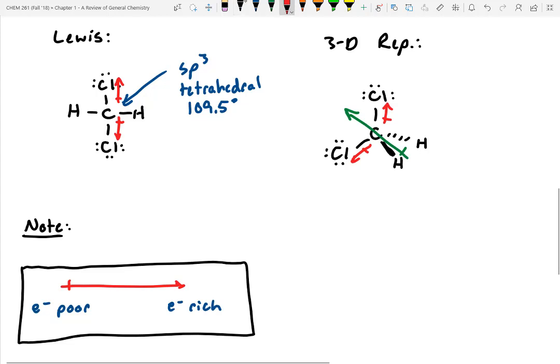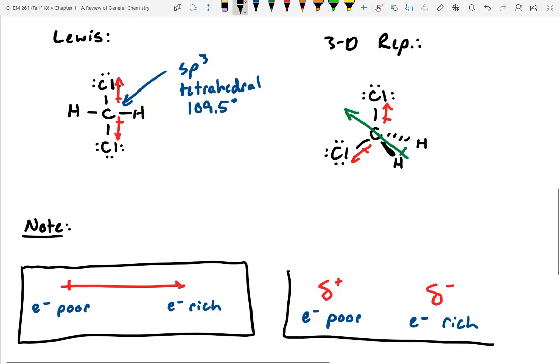However, other times they use delta symbols. So lowercase delta with the plus sign means electron poor. And then if you've got a lowercase delta with the negative, this is electron rich. Tomato, tomato, you can use either system. Normally when we're showing dipoles, we like to use the arrow system, but occasionally you'll see people using the delta symbols instead. Does that make sense?